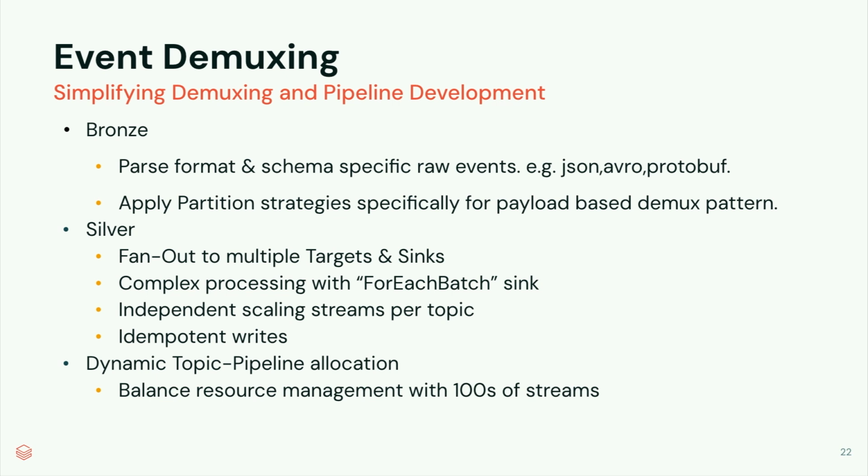In that case, we can use the foreachBatch sink. This API is designed in such a way that for each sink, it creates its own independent stream. If you're not aware, DLT is the declarative pipeline framework built on top of Spark streaming, so it provides all the features out of the box, and many maintenance tasks are handled automatically.